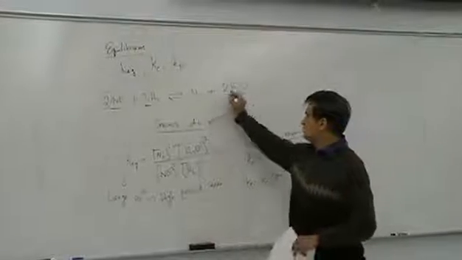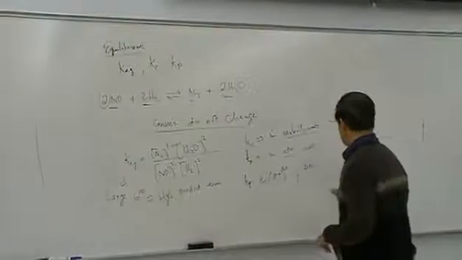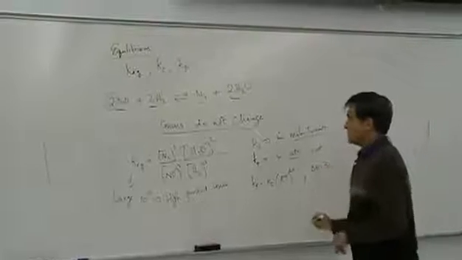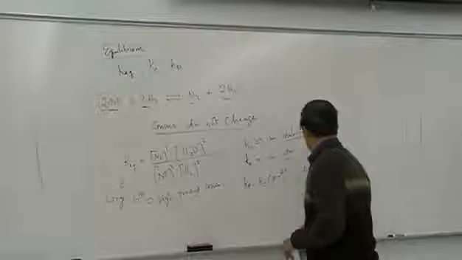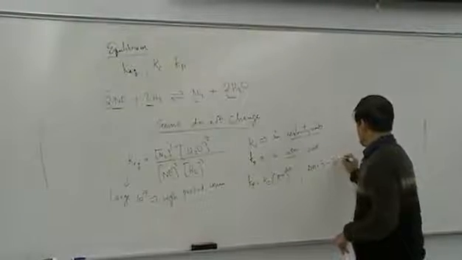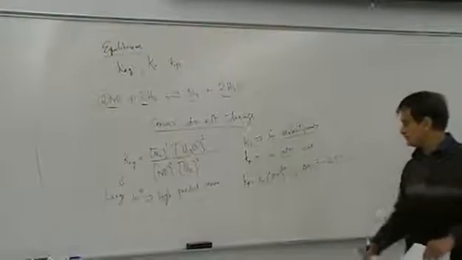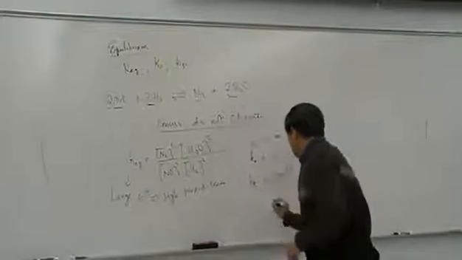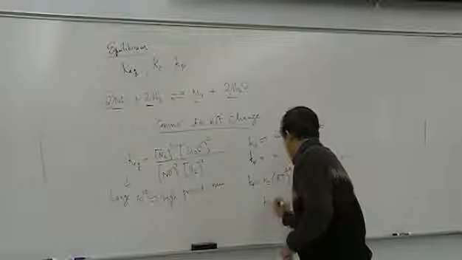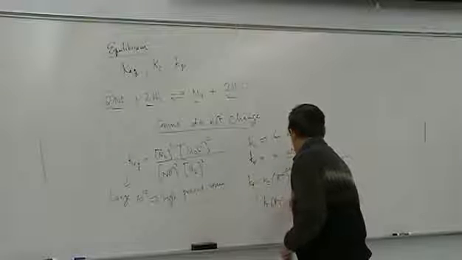For this reaction, I have 2 H2O and 1 nitrogen, so there will be 3 products, minus 2 NO and 2 H2, 4 reactants. So, raise to the power minus 1. So I can now write down for this reaction, Kp equals Kc RT to the power minus 1.